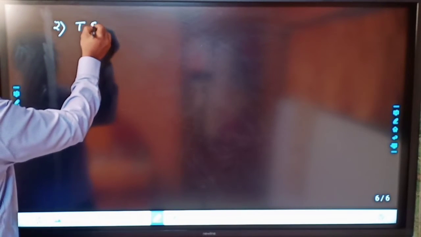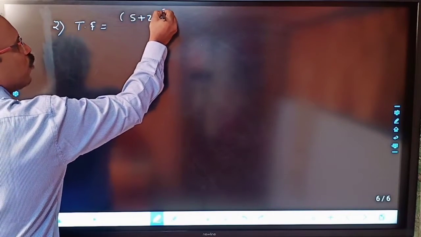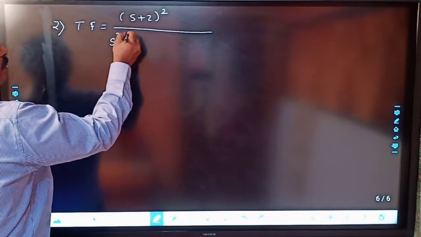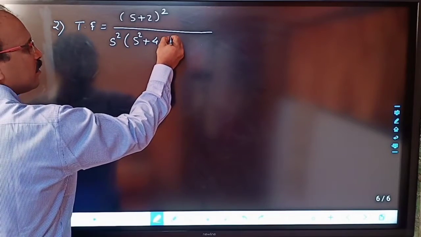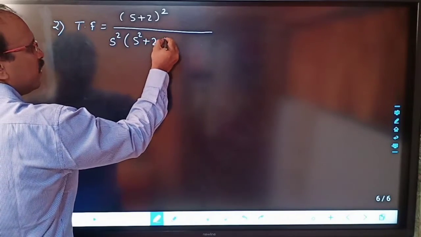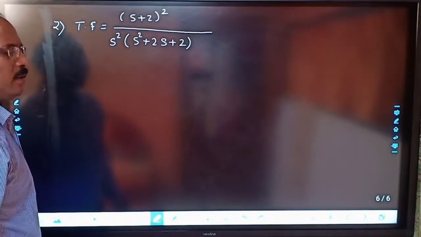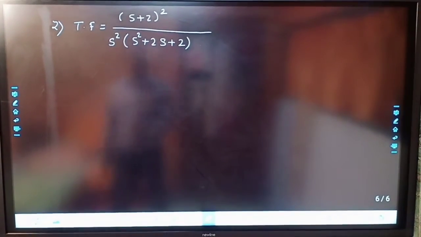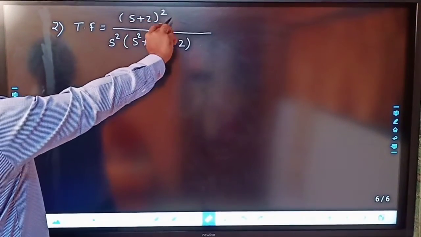The transfer function equals (s plus 2) squared over s squared plus 2s plus 1. Here, s plus 2 gives two zeros, and then the poles.